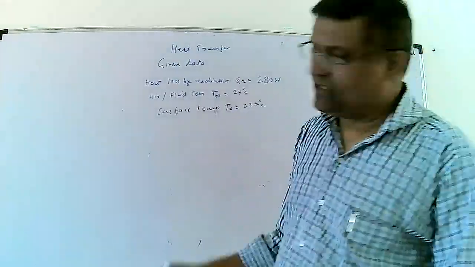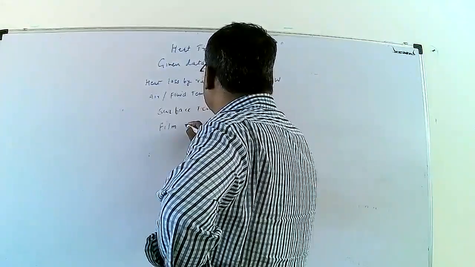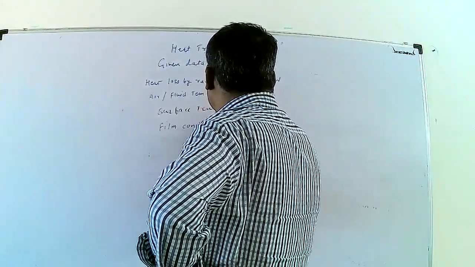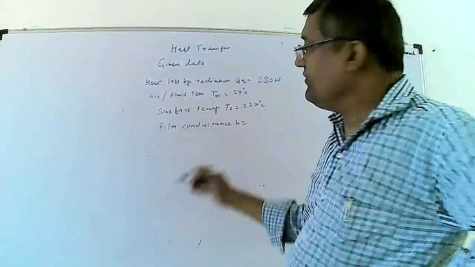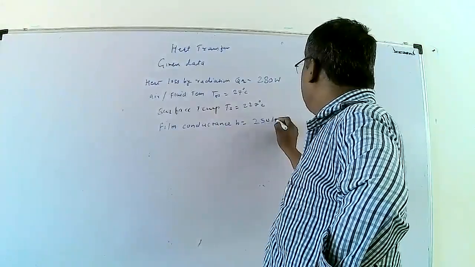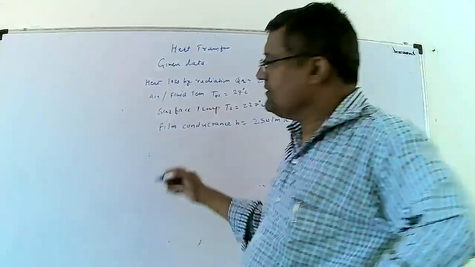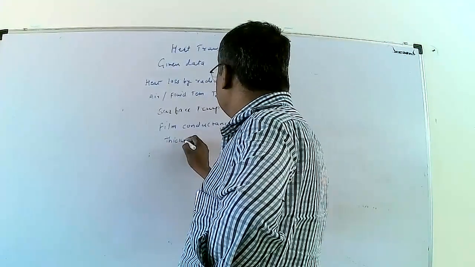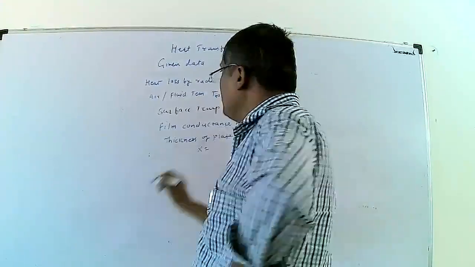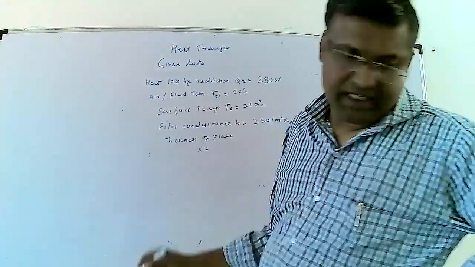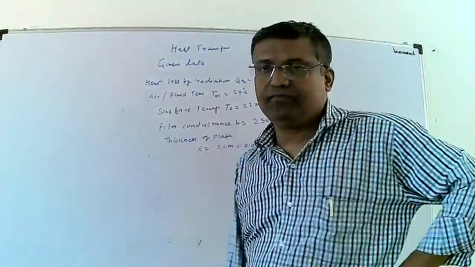Next, film conductance H, the value of H is given 25 W per meter square Kelvin. Next, thickness of plate, X is equal to 2 centimeter, that is 0.02 meter.